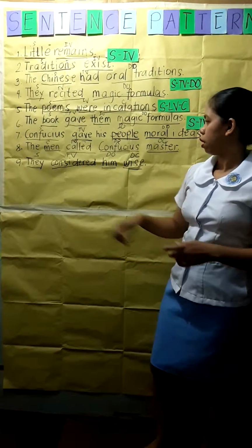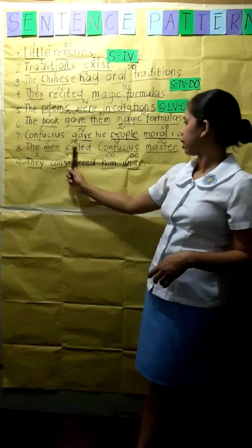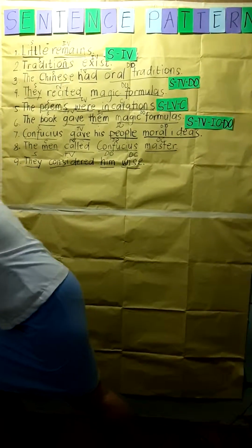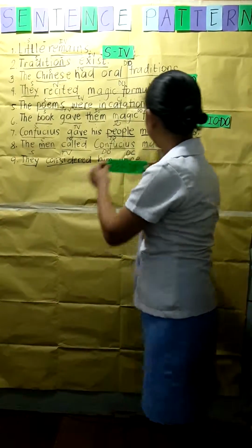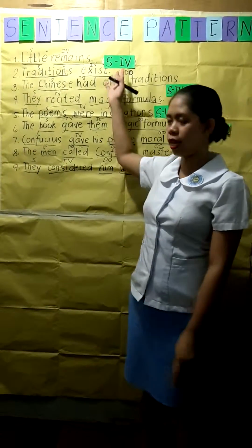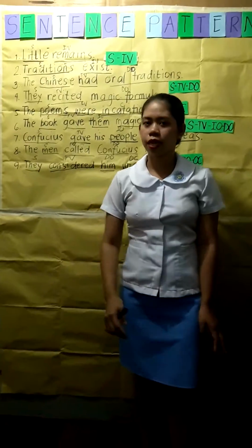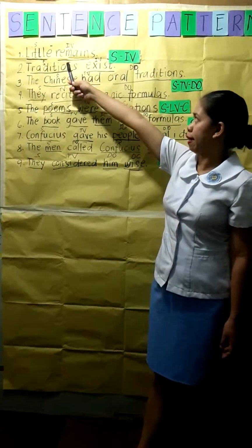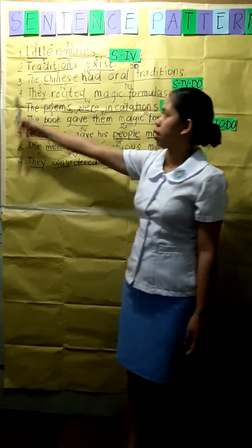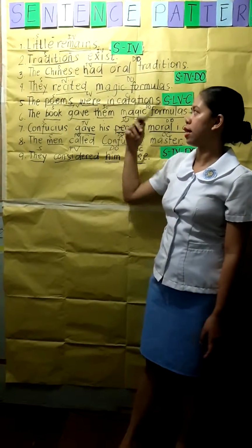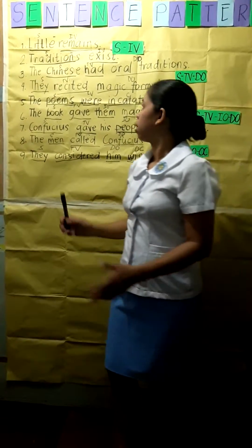So in these two examples, the pattern is STVDOOC. It is very noticeable that in English sentences, it usually starts with the subject and the verb follows, and the rest like direct object and indirect object.